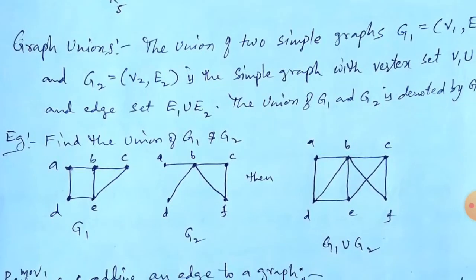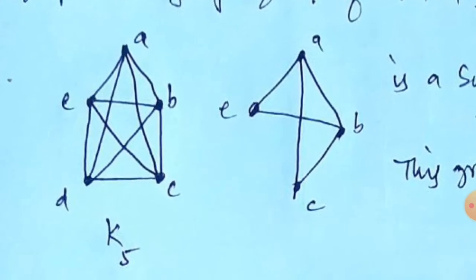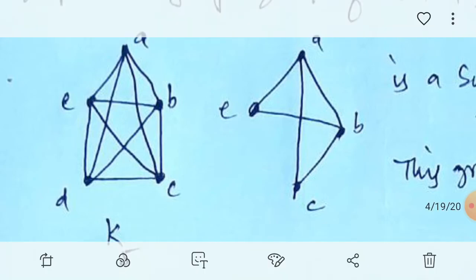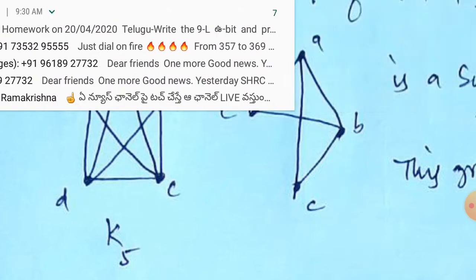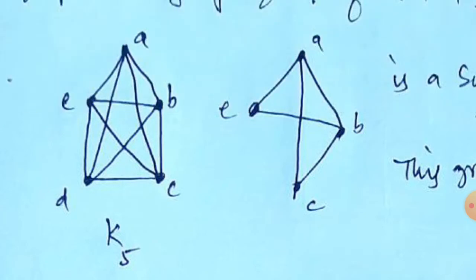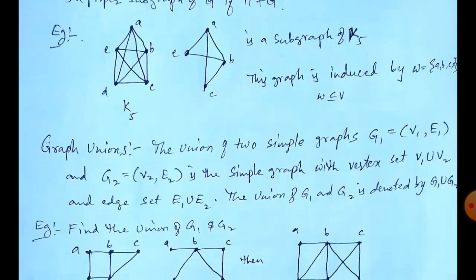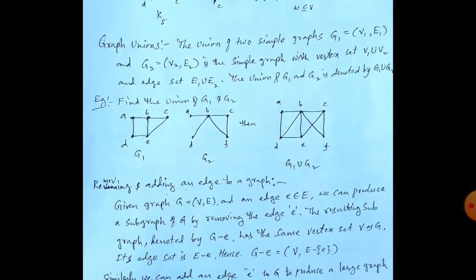Now observe here, for example this graph, we are removing the edge A to D. If you take A to D, then D will still be there; only the edge will be deleted.